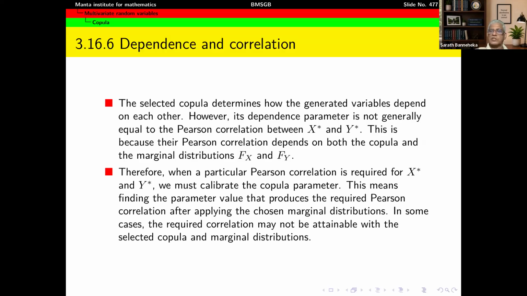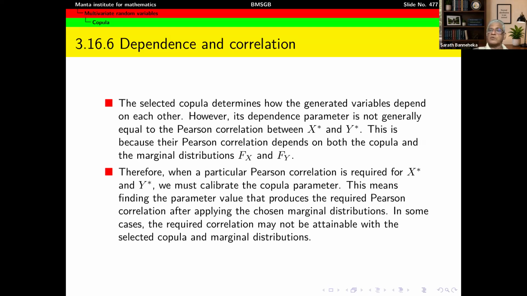So just to mention that the parameter in the copula, like in the Gaussian copula rho, that is actually the Pearson correlation coefficient, but that is the Pearson correlation coefficient between Z1 and Z2, not between X and Y. So that is again important, right?